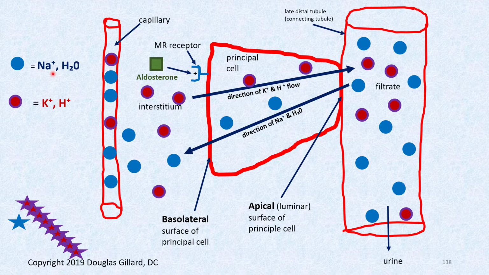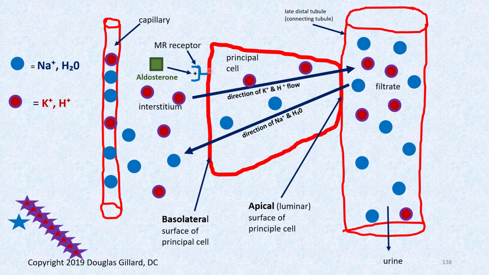They're conserved by the binding of aldosterone, sodium, and water. And then the ones who get kicked out, potassium and hydrogen ion, are in red. And so you see aldosterone binding to its MR receptor, and that via the mechanisms and the transporters we talked about. Bottom line, potassium and hydrogen are kicked out into the urine, into the filtrate, and exchanged for sodium and water.